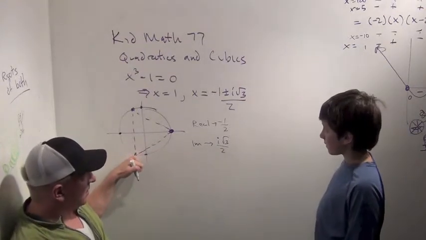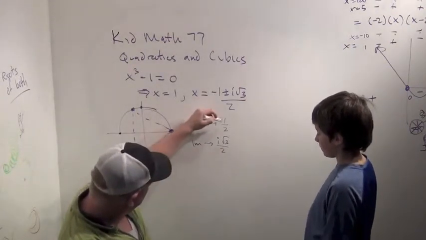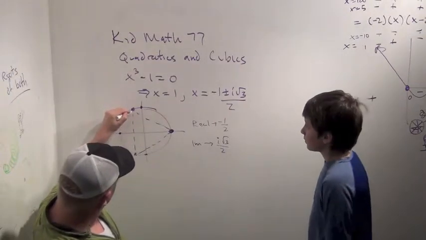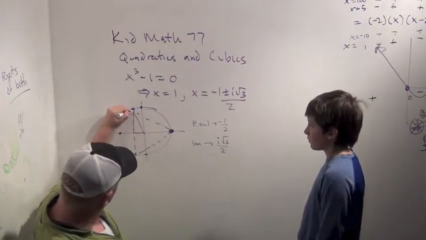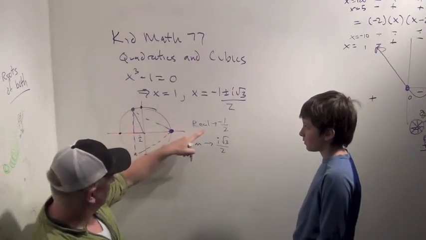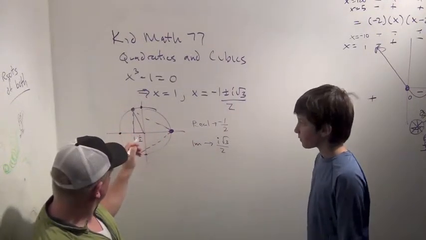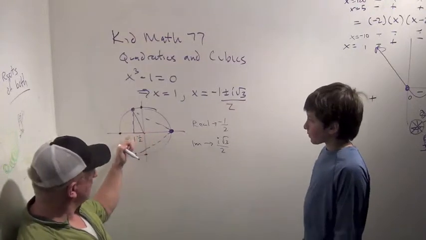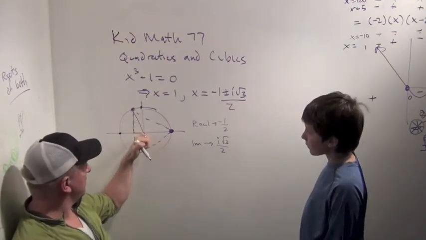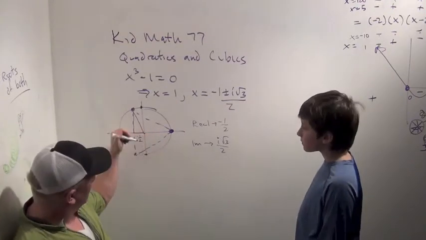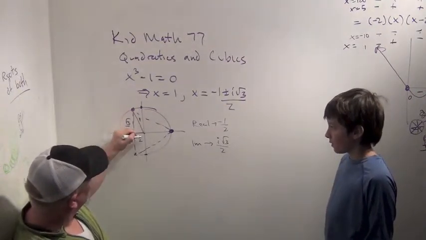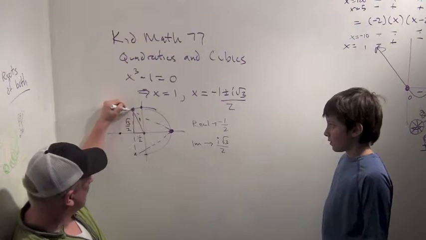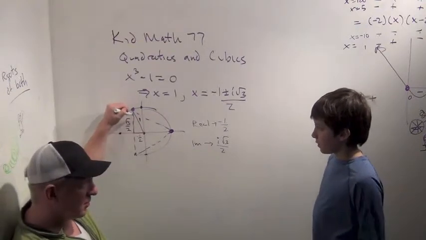So we want to see if this triangle here goes in the negative direction 1/2. So this distance is 1/2, and then square root of 3 over 2 up. Does this have a distance of 1 from the center? That would mean it would be on this circle with radius 1, right?